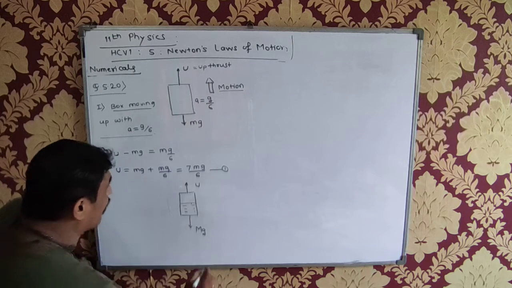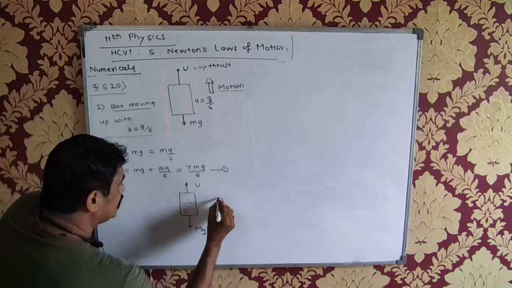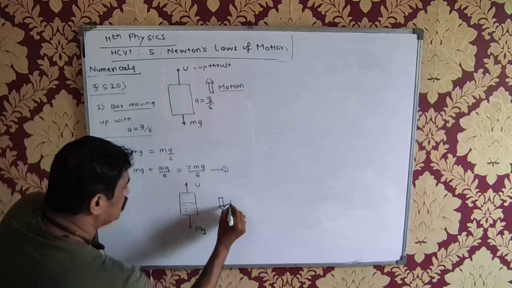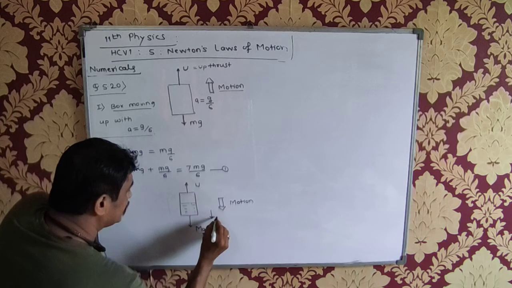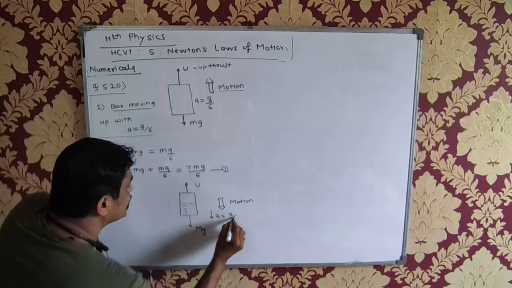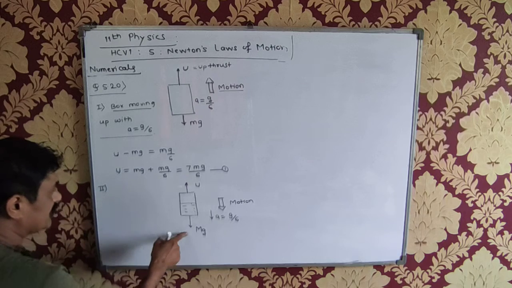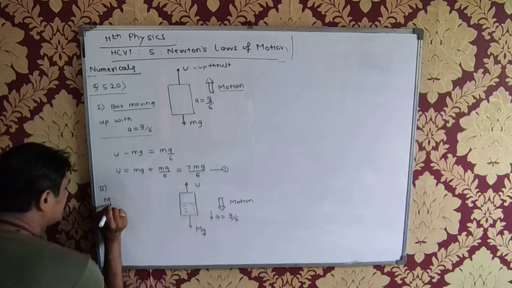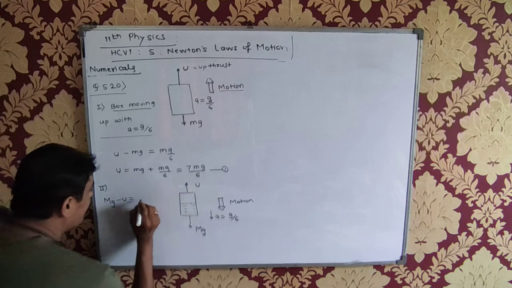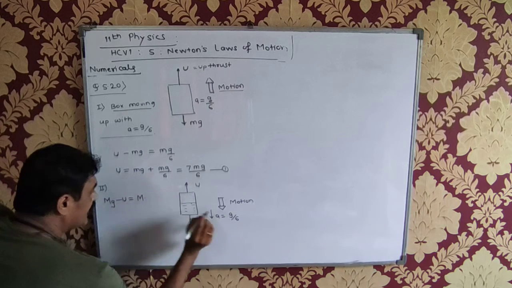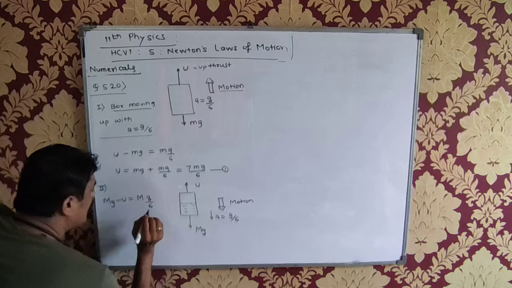Alright. And in this case, the motion is in the downward direction. This is going down with the acceleration. What is that acceleration? It is going with acceleration a is equal to g by 6. Same acceleration. So इसमें mg minus u is equal to f is equal to ma, m into a g by 6. I hope you get that.